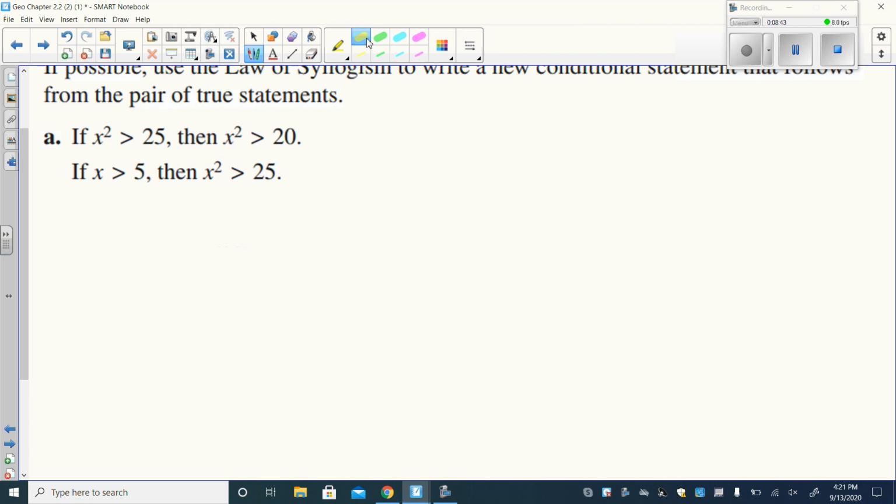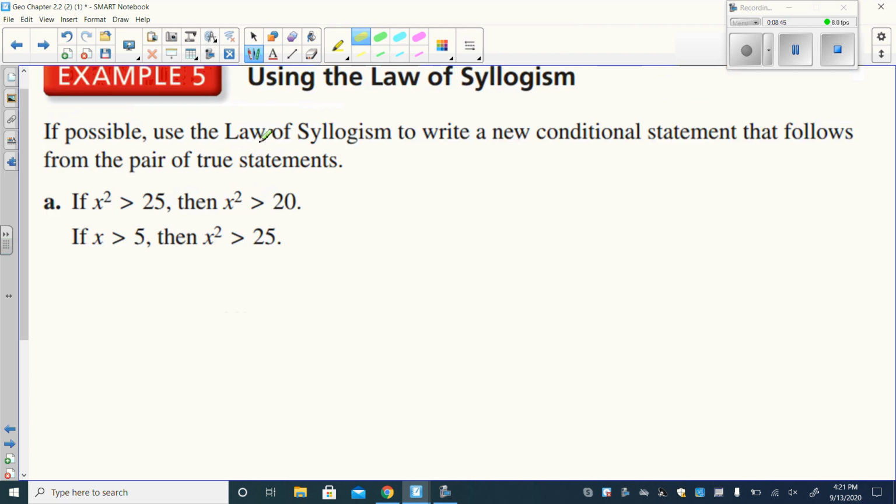Okay. Now, one of the things we look at with law of syllogism is two statements that match. So if I look at this here, x squared is greater than 25, shows up here and here. And for us to be able to use law of syllogism, we need an if of one statement.